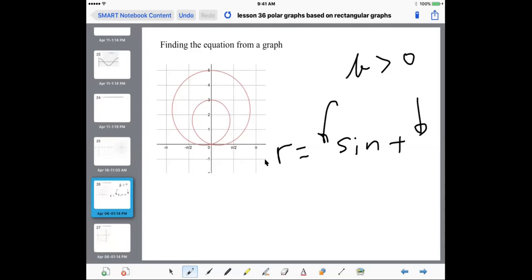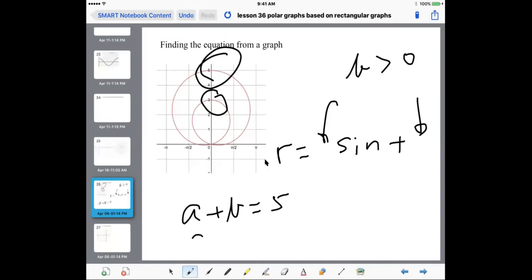Someone else wrote that also. A sneaky trick for this is, you see 5 is the high point. Well, the high point is going to be a plus b. But the low point is going to be a minus b. Because at the 180 degree mark, sine is -1.